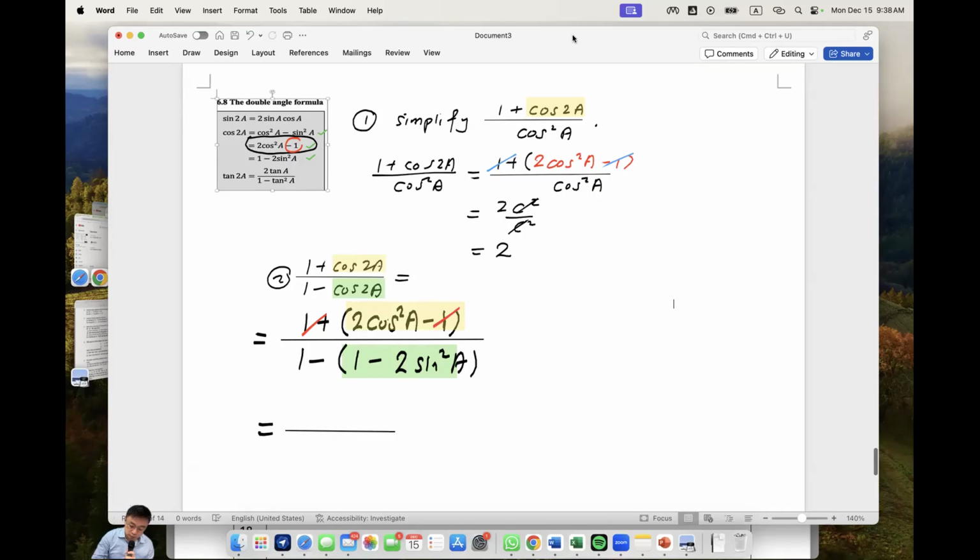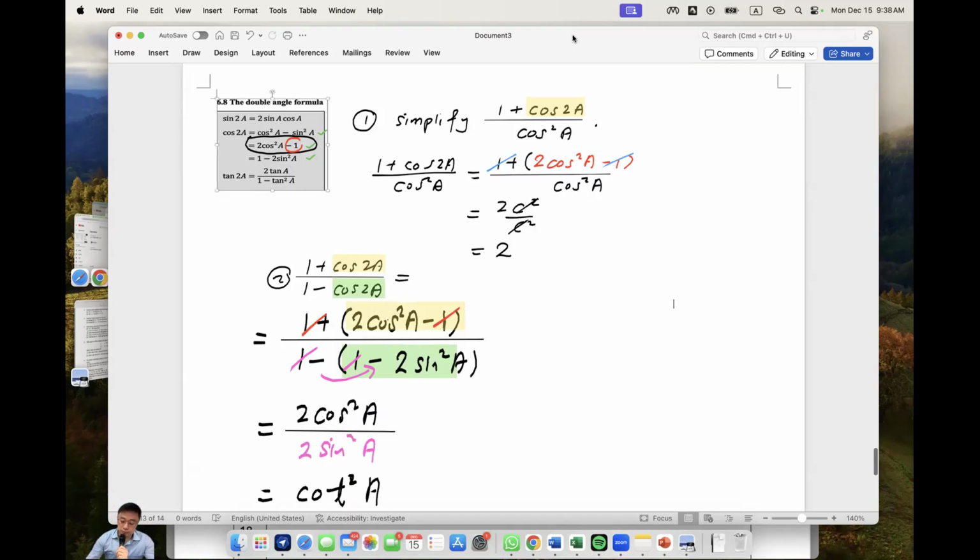Yes, we have 2 cos square A. At the bottom, we also can cancel out the 1 plus 2 sine square A. So what's the final answer? Do we get cotangent square A? You understand now? Yes or no?